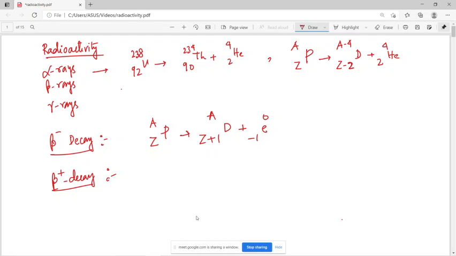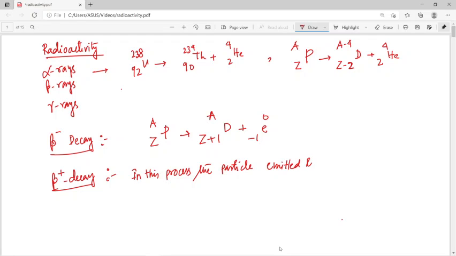And that is beta plus decay, a second kind of beta decay that sometimes occurs. In this process, the particle emitted by the nucleus is a positron rather than an electron.